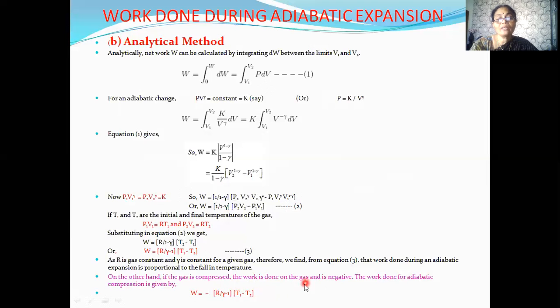The work is done on the gas. When the work is done on the gas, it is negative. The work done for adiabatic compression is given by W is equal to minus R by gamma minus 1 into T1 minus T2. So we have studied how to calculate the work done both graphically and analytically.